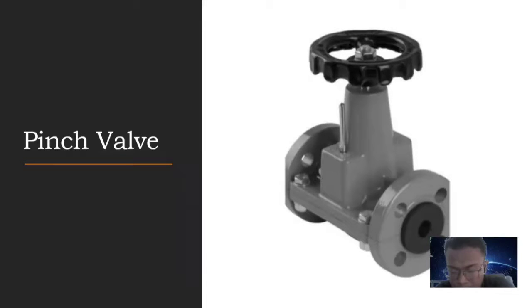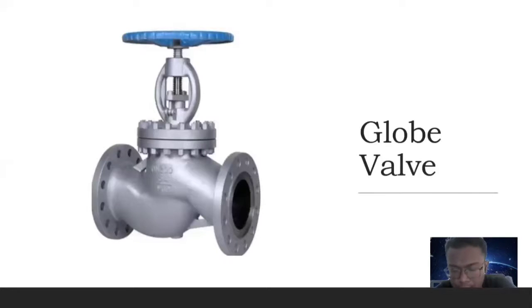Pinch valves are perfect for liquids that contain large amounts of suspended solids. The valve body acts as a built-in actuator, reducing the need for expensive apparatus such as pneumatic, hydraulic or electric operators.